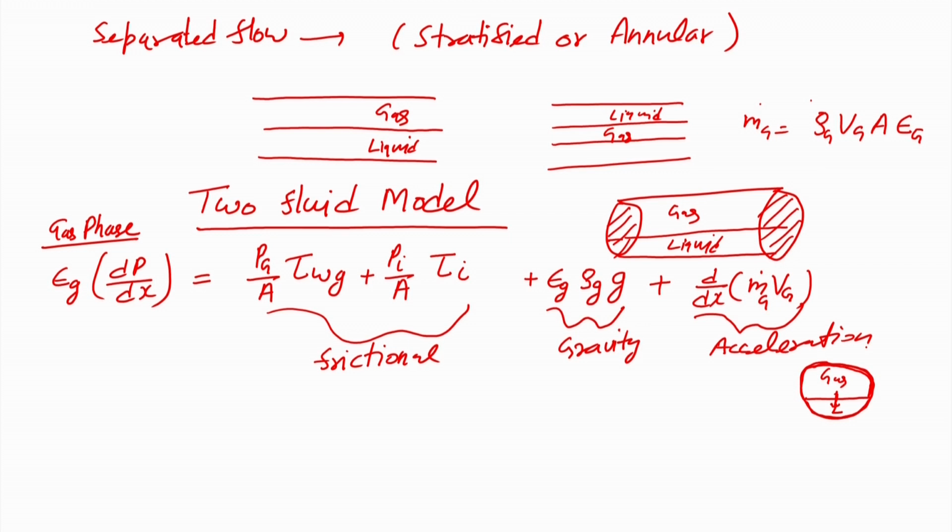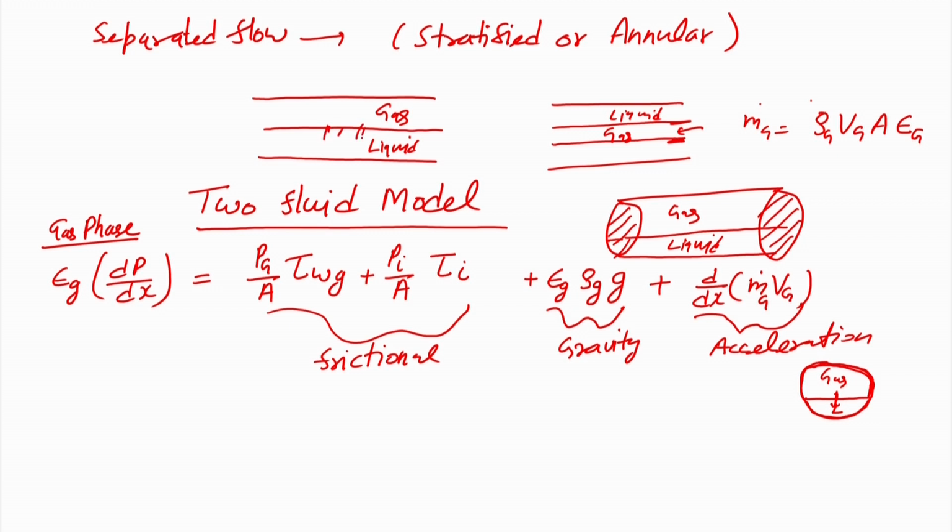Okay. So, again what we have done, we have written that dp by dx is going to be in three forms. There will be a frictional component, and one new term will be added, the frictional component because of the interface which has been created between the gas and liquid. So, whether it is a separated flow or annular flow, you are going to see the interface. Whether the flow is like this or like this, here you will see the interface, and in this case also you will see the interface.